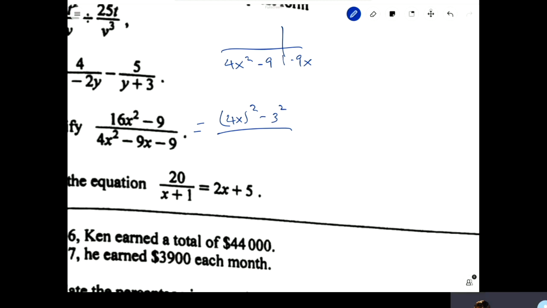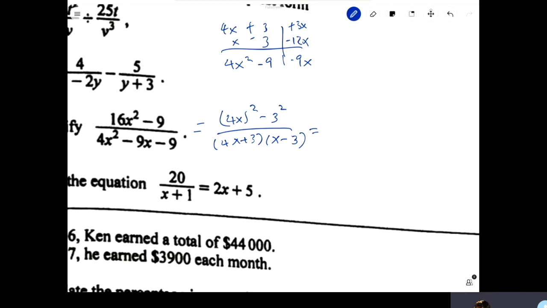Okay, so 4x squared minus 9x, 4 times 3 is 12. 4x times x and 3 times 3. 12x minus 12. Alright, so we have broken it down. So we get bottom is 4x plus 3, x minus 3.